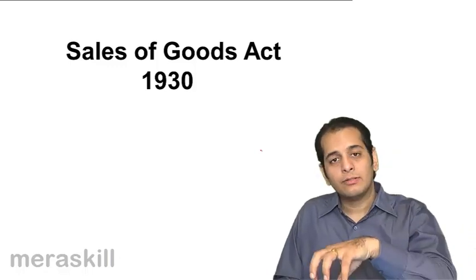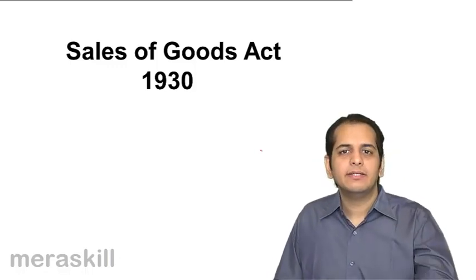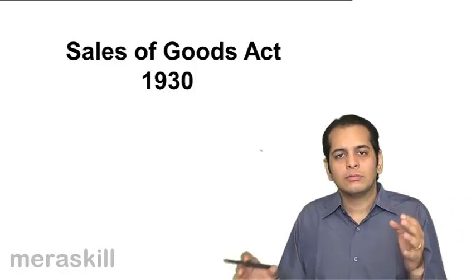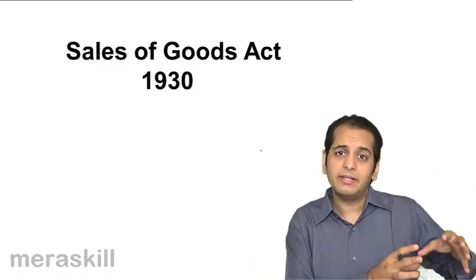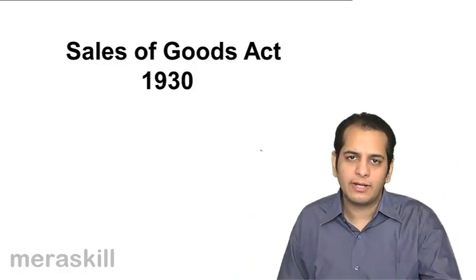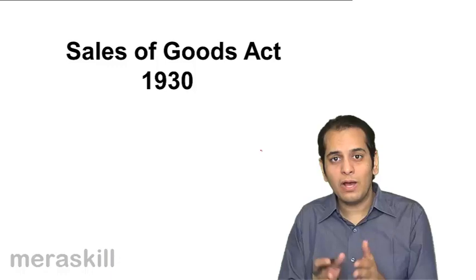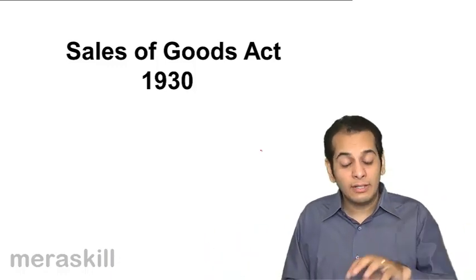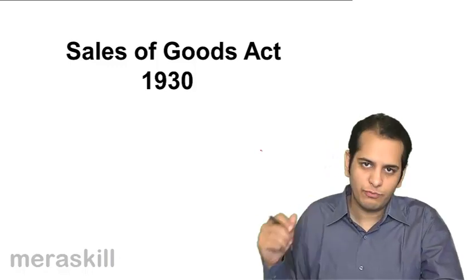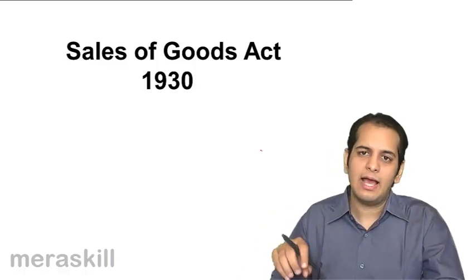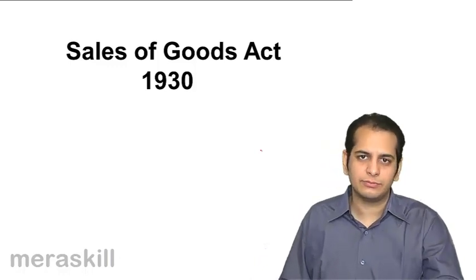Later on, the sections relating to the sale of goods were removed from the Indian Contract Act 1872 and a new act with more provisions relating to sale of goods was formed. And thus, in 1930, this act came into existence.